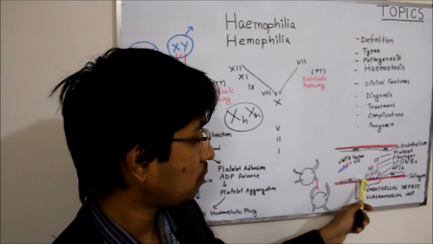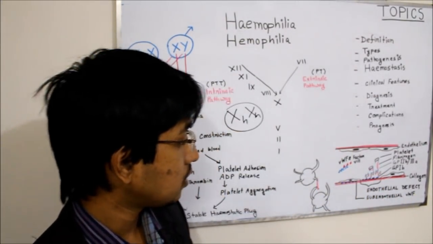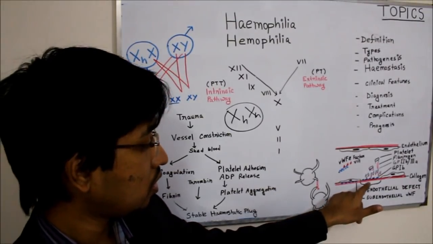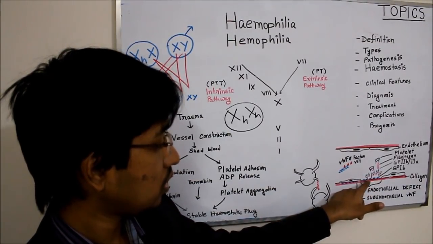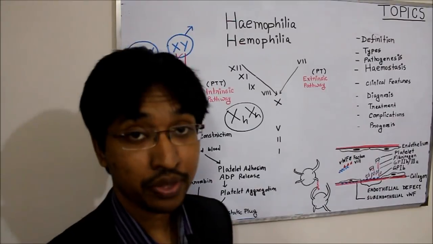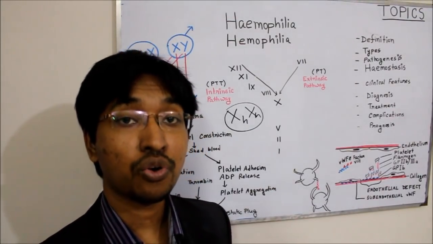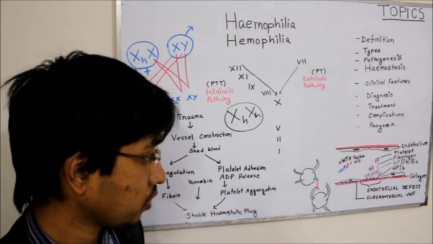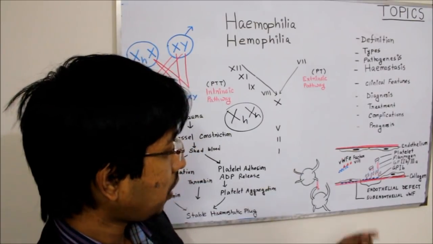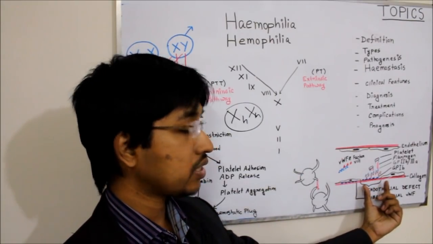This is also the subendothelial collagen, and I hope you can see these dots that I have drawn in the subendothelial collagen. Those are known as von Willebrand's factor.